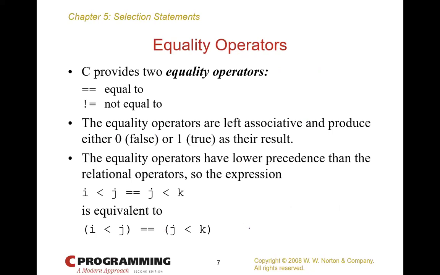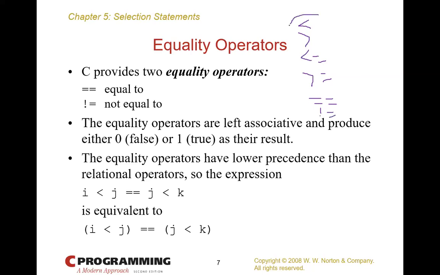So we have equality operators. In many programming languages, actually, we mix the equality operators with the relational operators. So we have less than, greater than, less than or equal to, greater than or equal to, and then not equal to.